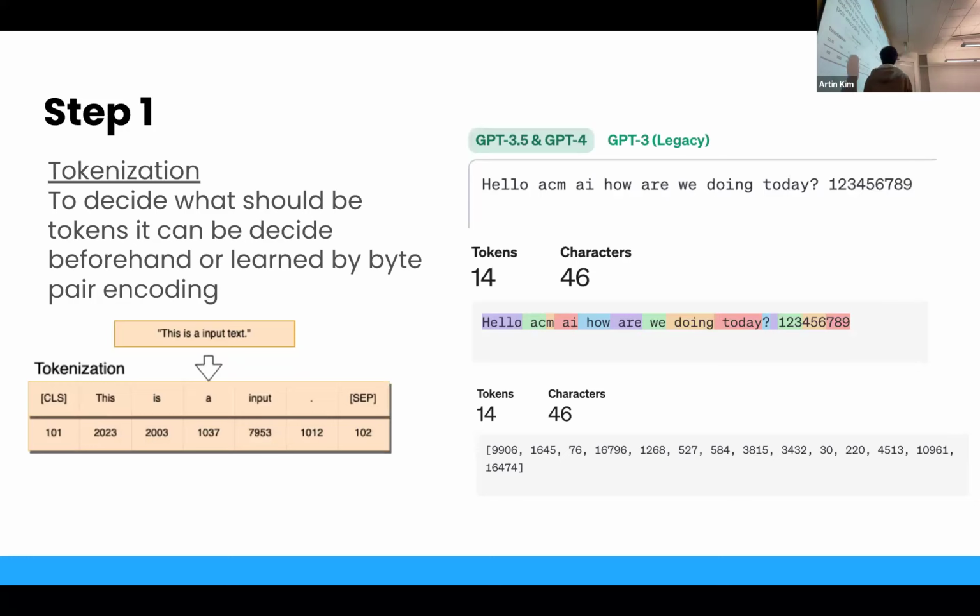And there are ways to decide how to break them apart. You could have a list beforehand of all the different little parts that you want. One way is also called byte pair encoding. But again, the main idea is just turning the sentence into smaller chunks that you can break apart, and then those have corresponding IDs.